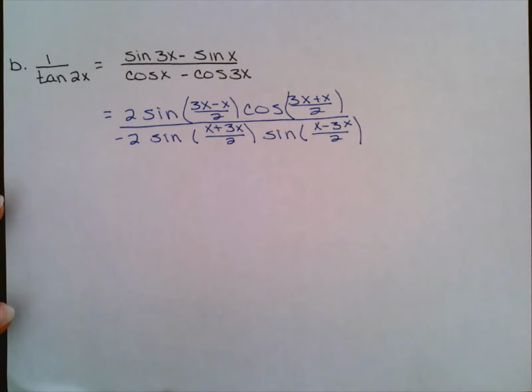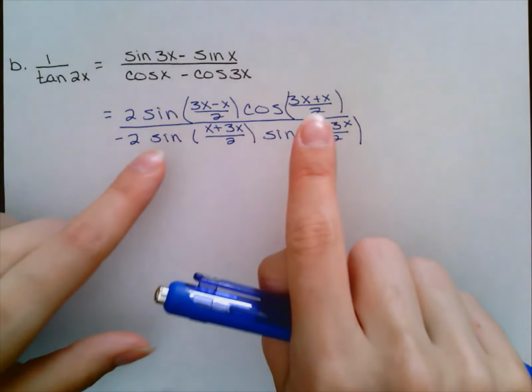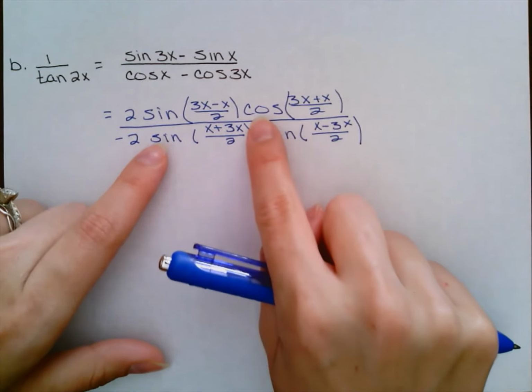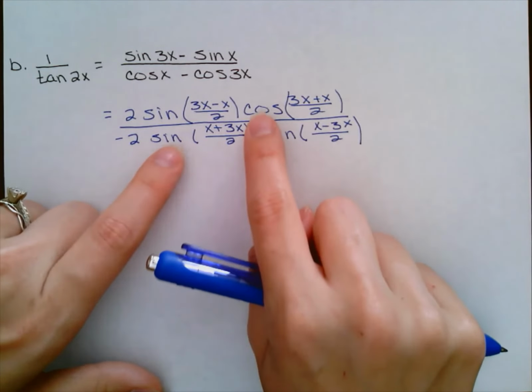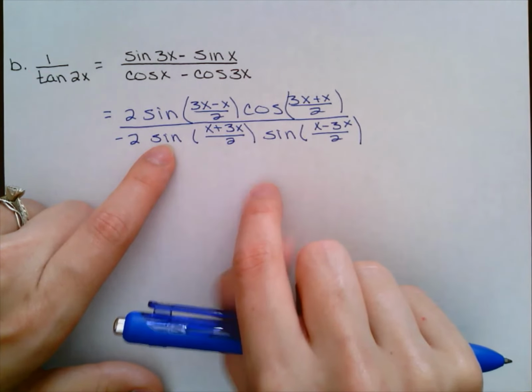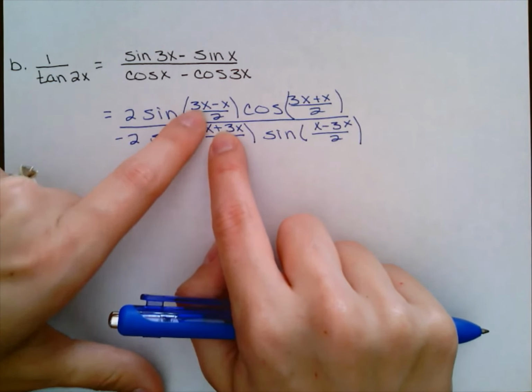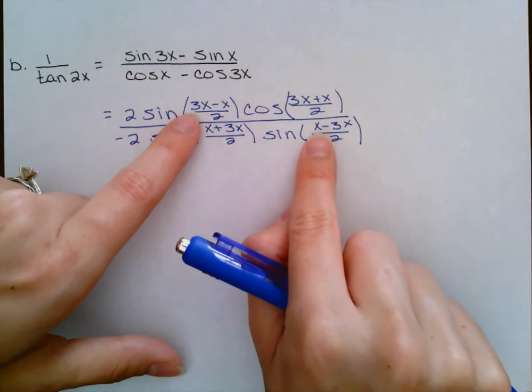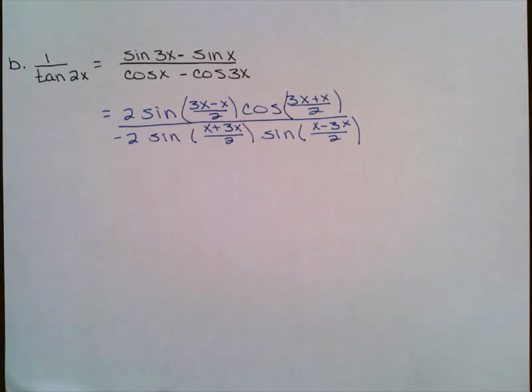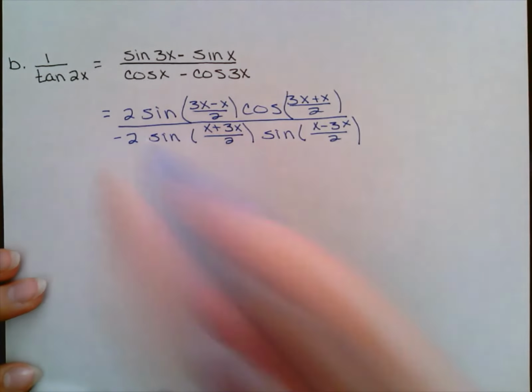Let's check if we see anything that is completely identical, okay? If I look at these two signs, no, these two, they look identical on the inside, but one's sine and one's cosine. These, one is addition, one's subtraction, and these are going to end up with an opposite sign. So let's start cleaning first. I do see that the 2's cancel.